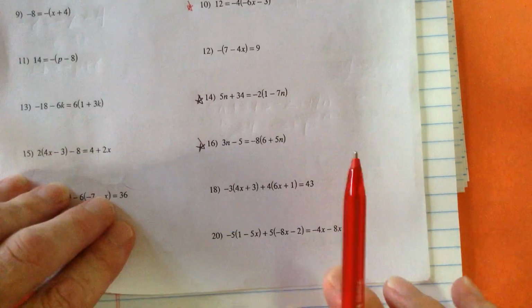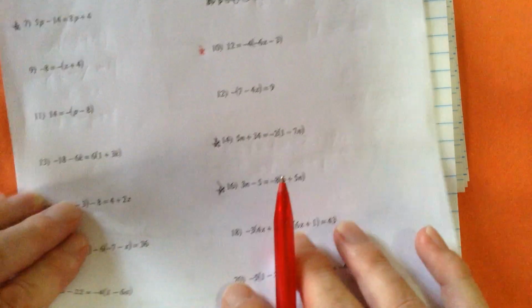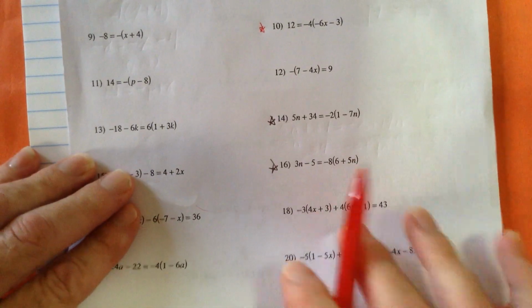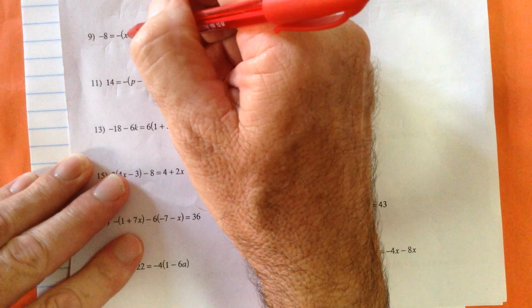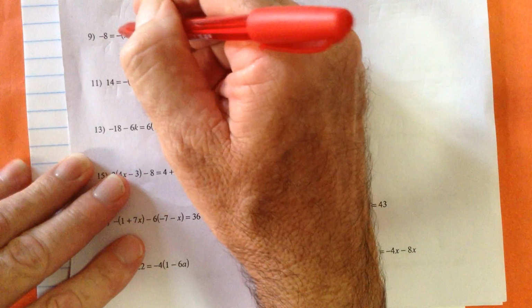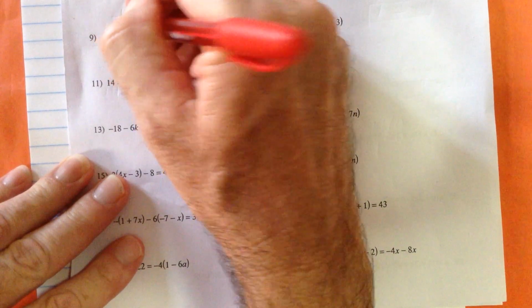Okay, but how would you do the distributive for number 9? You can see here it's negative 8 equals negative x plus 4. Well, you've got to assume there's a 1 there. That would be like negative 1 times x plus 4.